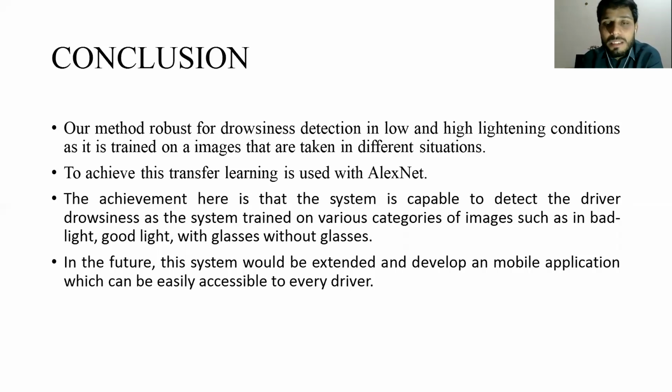So the system is capable of detecting the eyes whenever our driver is wearing glasses. To achieve this, transfer learning is used with AlexNet. And the achievement here is that the system is capable of detecting driver drowsiness as it is trained on various categories of images, such as bad light, good light, with glasses, and without glasses.